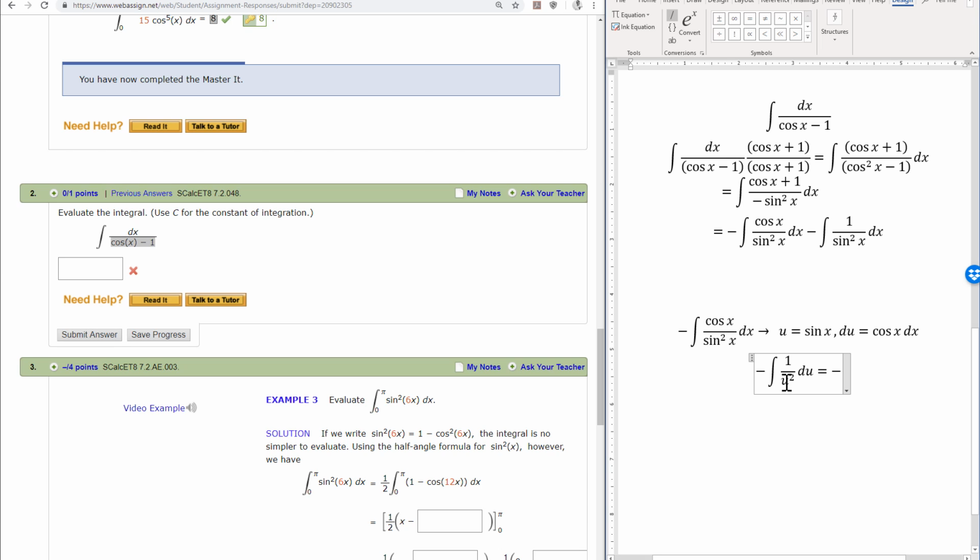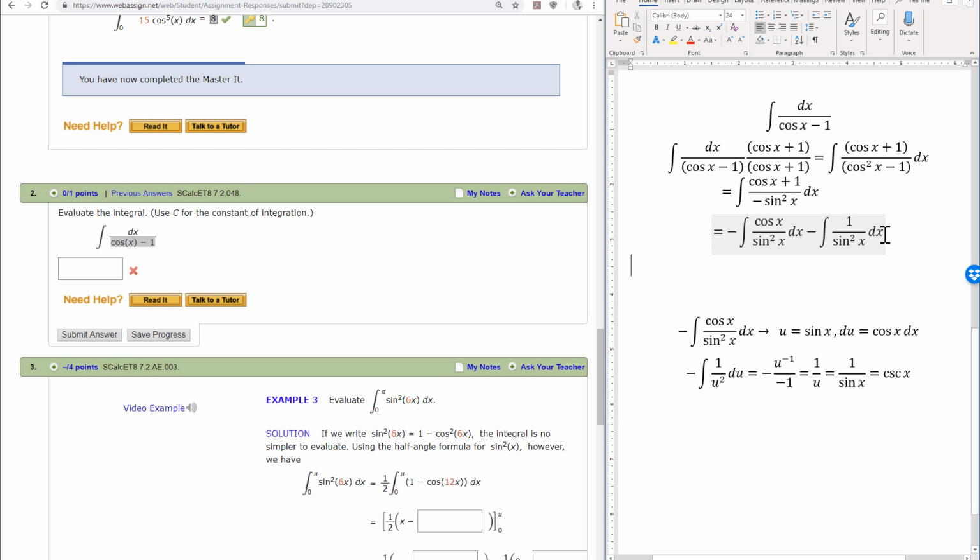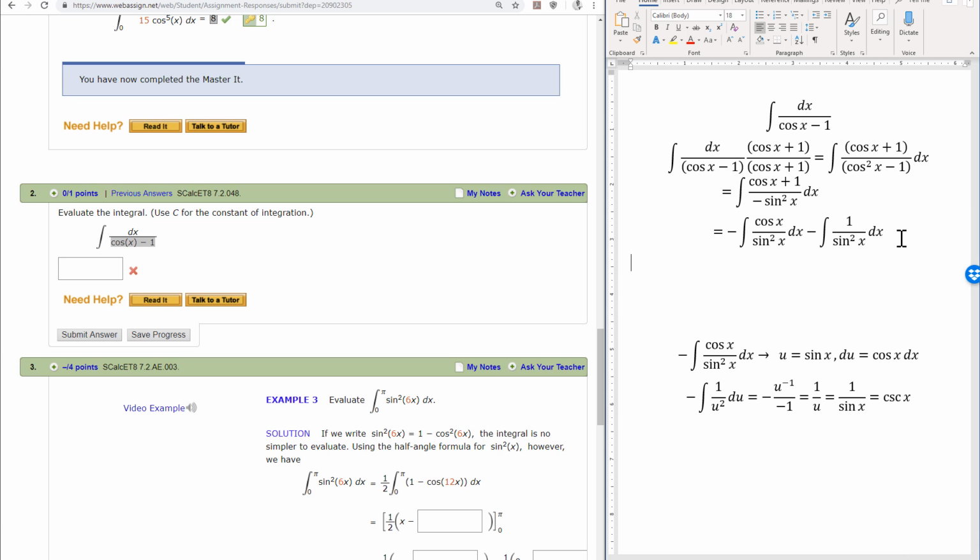The integral of u to the negative 2, if you add 1, is u to the negative 1 divided by negative 1. And so that's just going to equal 1 over u. And u was equal to sine, so this is 1 over sine x, which is cosecant of x. We'll put the plus c later, but so far we have cosecant x as a result.